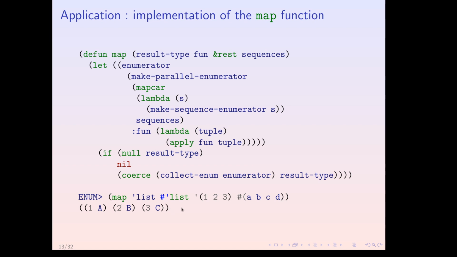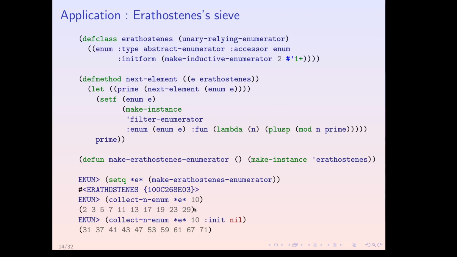This is the implementation of the map function using enumerators. It's in the paper, I'll skip it, and I would rather present this other example, which is not in the paper. It's Eratosthenes' sieve, which is a sieve to obtain all the prime numbers.